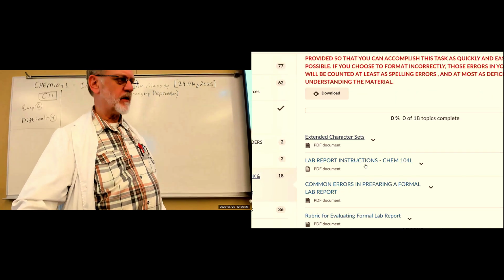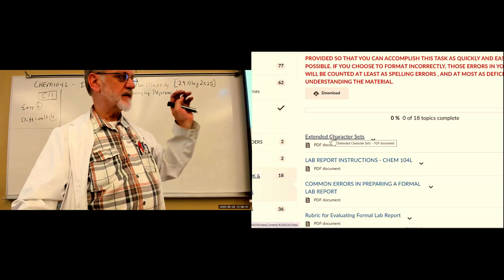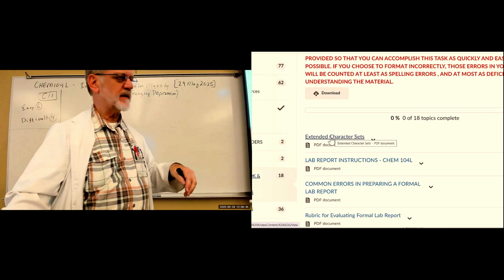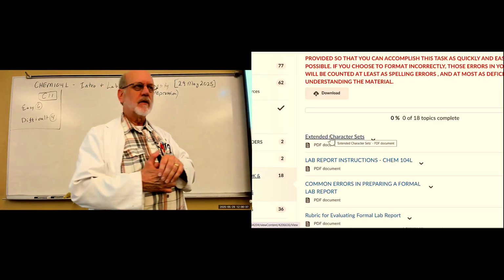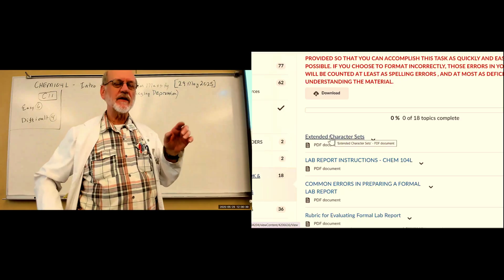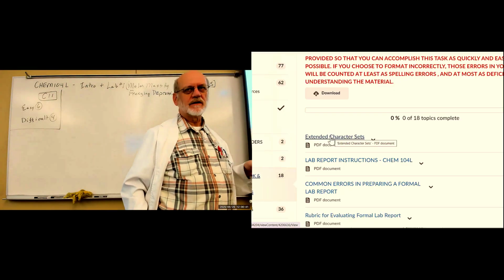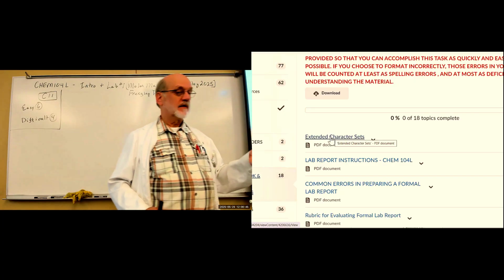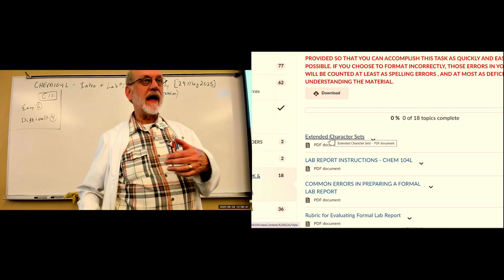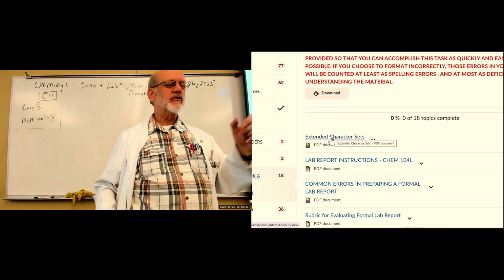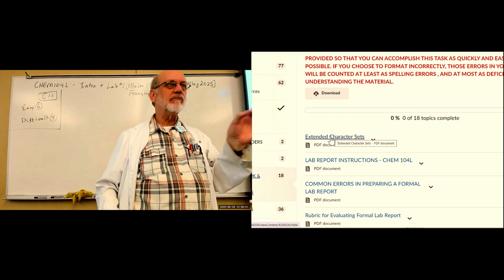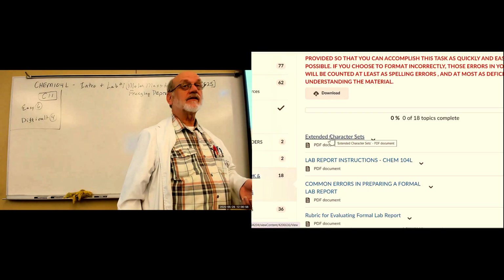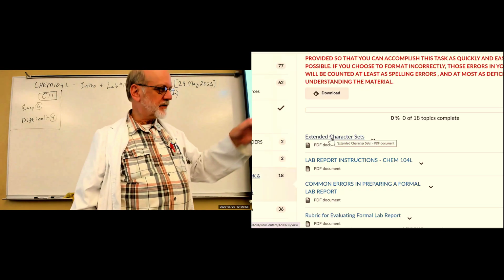So there's the extended character set. That one with the green and the blue and the yellow highlight: when you write your report, sometimes in the sciences we have funny characters that are not on the keyboard. You have two options. You can go to the character map tool, find your font, find the symbol, copy it and paste it, and that takes forever.